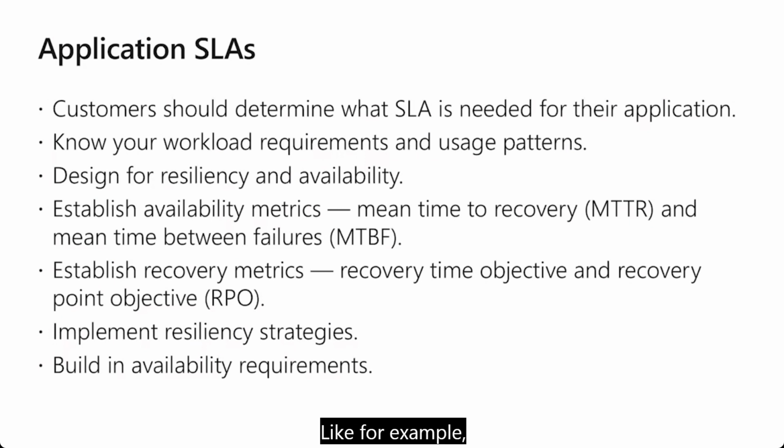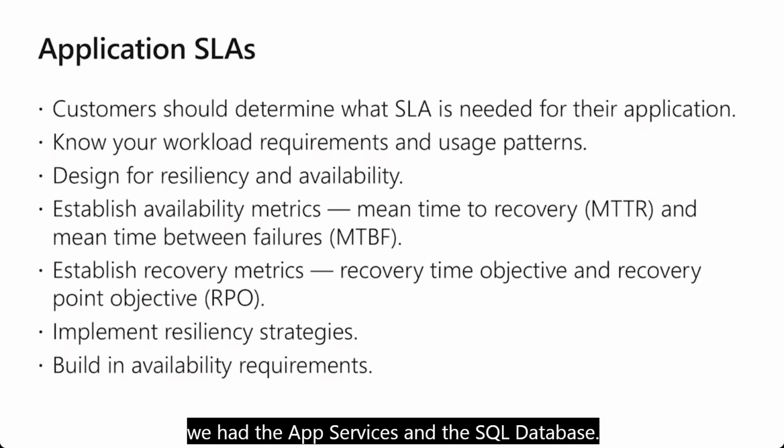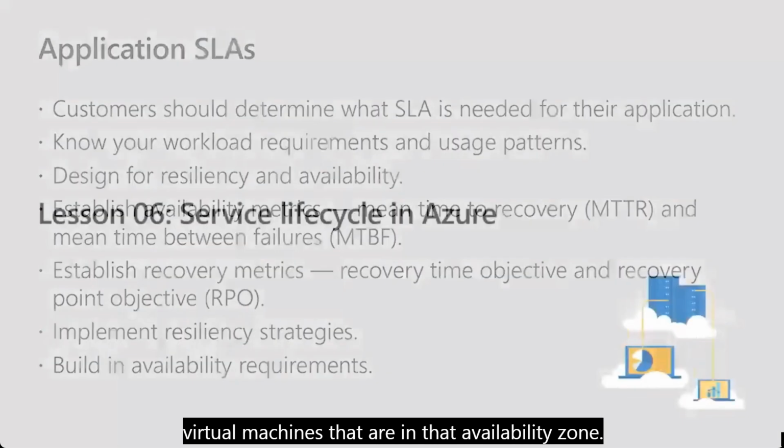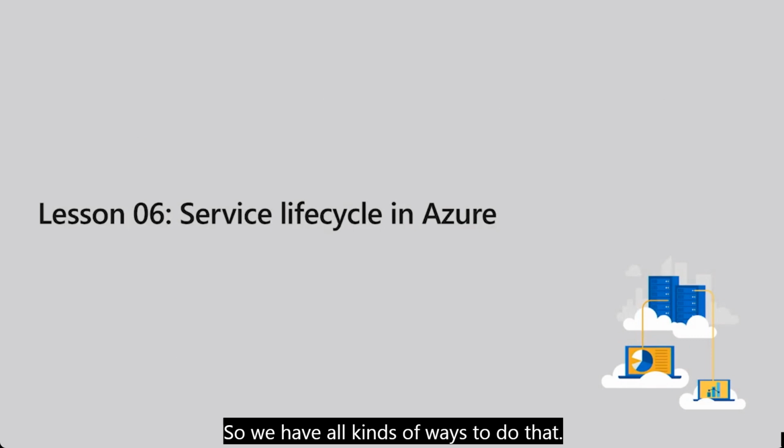Like, for example, we had the app services and the SQL database. Well, is there a way we can choose another service that has a higher SLA than app services to do the same thing? These are questions you ask when you start architecting solutions inside of Azure, and then you build to those availability requirements. And when you look at things like virtual machines, by simply putting things in an availability zone, you get a 4 nines guaranteed SLA for those virtual machines that are in that availability zone. So we have all kinds of ways to do that.